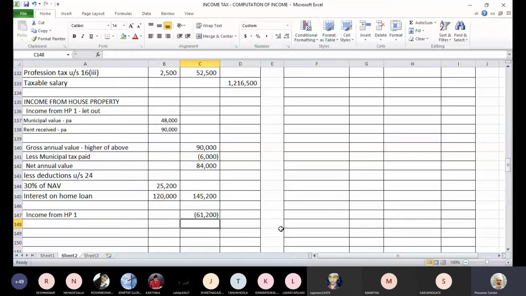Any difficulty about income from HP1? Yes, everybody is getting the things clear on HP1. Yes, all of you are writing now.